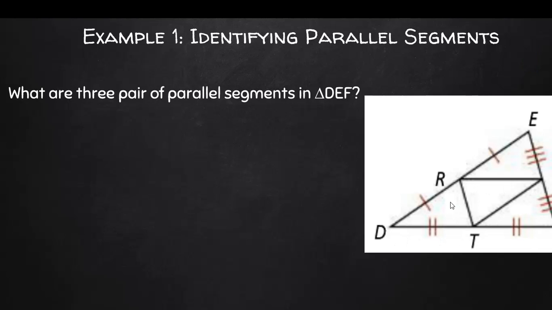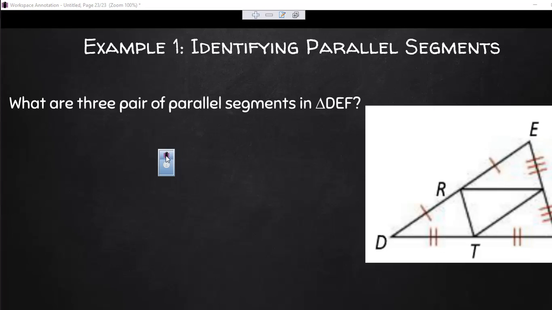So let's identify the three parallel segments. Let's start off with identifying our midsegments, the parts that are on the inside. Let's take a look at RS. RS is going to be parallel to which side? This is going to be identified as our third side. If this is our midsegment, then the third side, the one that it's parallel to, would be DF.